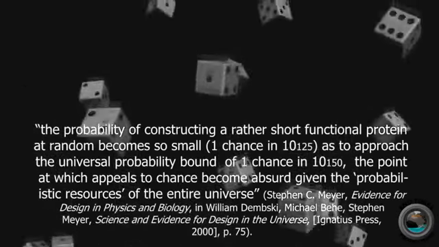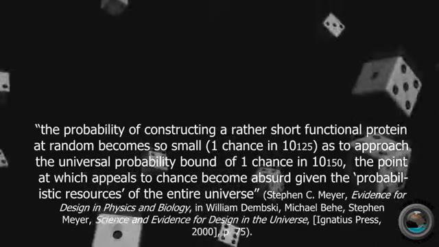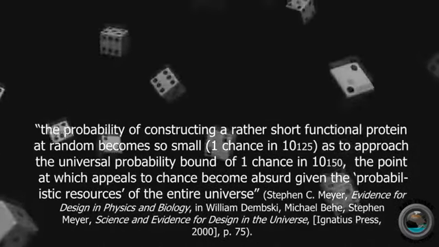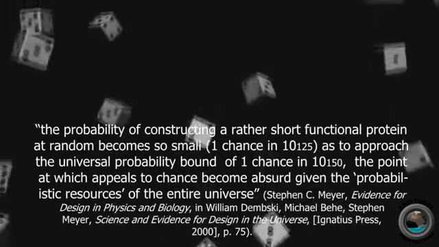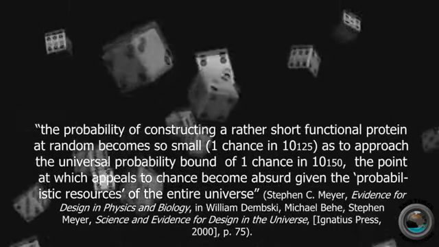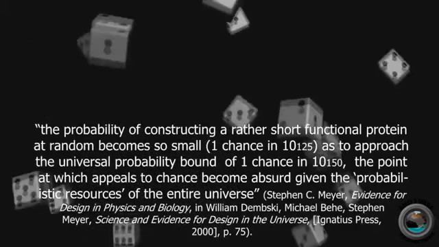However, scientist Stephen Meyer calculated if one factors in the need for proper bonding and homochirality, the probability of constructing a rather short, functional protein at random becomes so small, 1 chance in 10 to the 125th power, as to approach the universal probability bound of 1 chance in 10 to the 150th power.